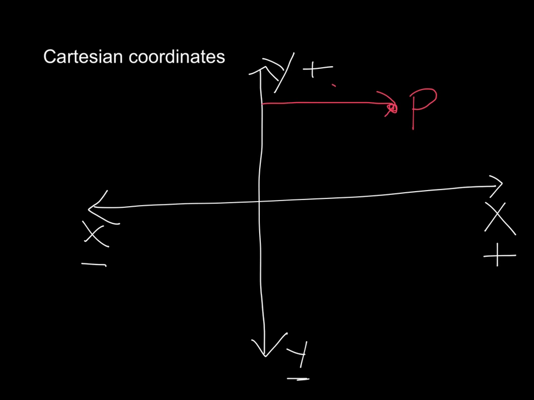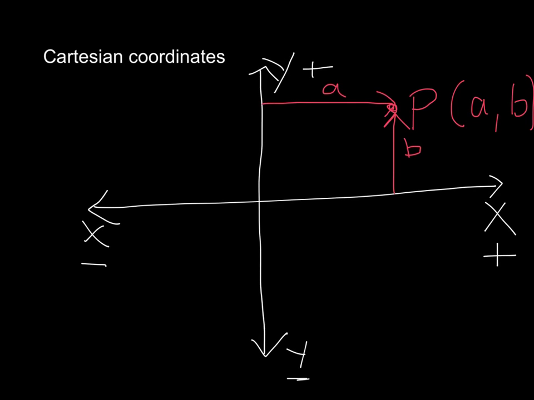Let's just call that A, and how far up in the y direction we've gone, let's call that B. So we say the coordinate of P is A, B, simply the pair of values that specify the x location and the y location.